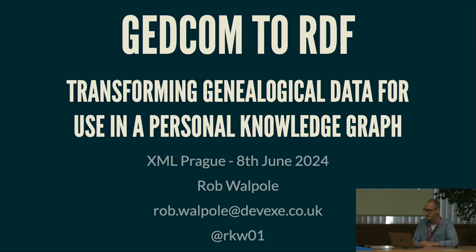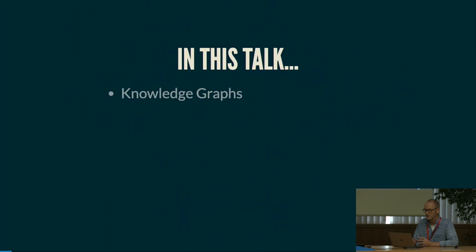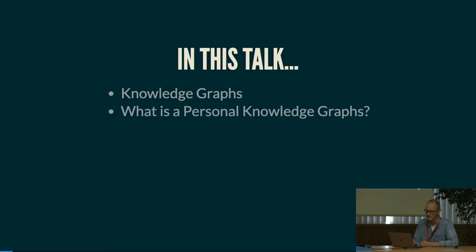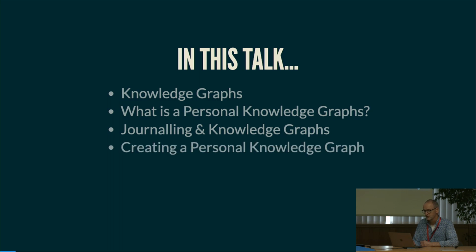And today I'm going to be talking a bit about knowledge graphs, a bit about personal knowledge graphs, my interest in personal knowledge graphs, which is to do with journaling. I'll explain that a bit more. I'll talk about how you might be able to create a personal knowledge graph, and a little bit about genealogical data, which can go into that knowledge graph.